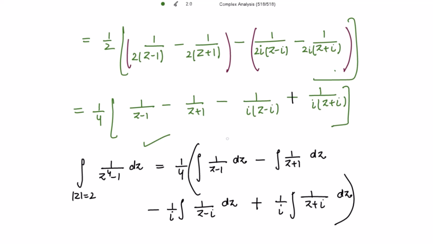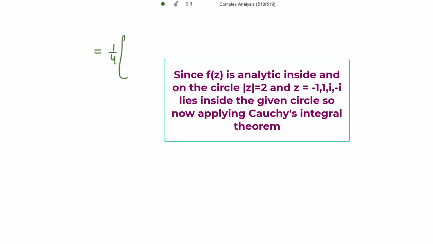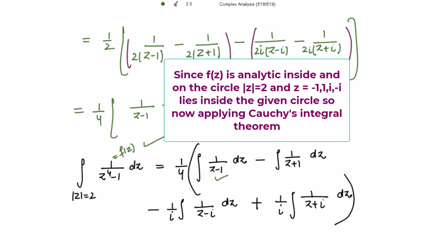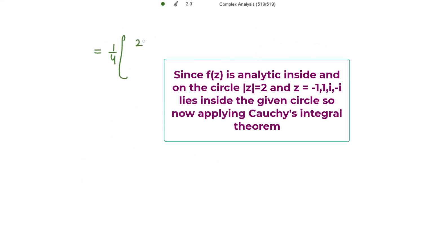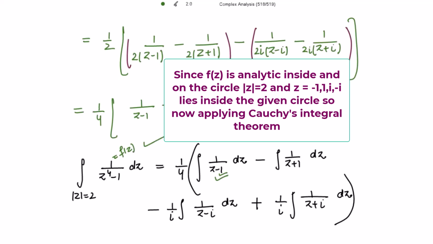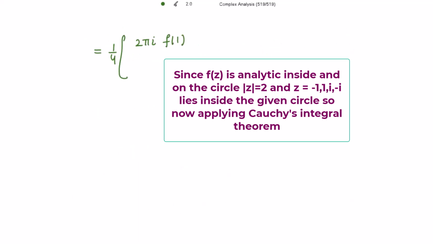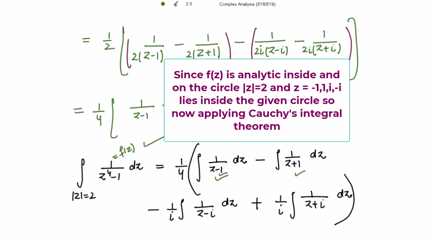We have our f(z) equal to 1, right? This is your f(z). So this is equal to 1 divided by 4, applying Cauchy's integral formula for the first integral. That will be equal to 2πι f(1), where the point here is 1. Then applying Cauchy's integral formula over here, what is the point you have? Please remember the format z − z₀. So here z₀ is now negative 1, right?